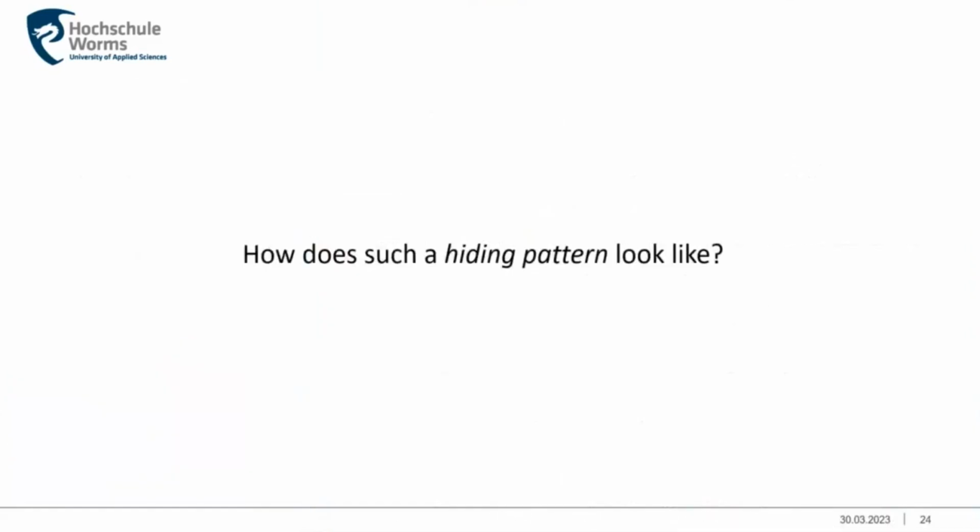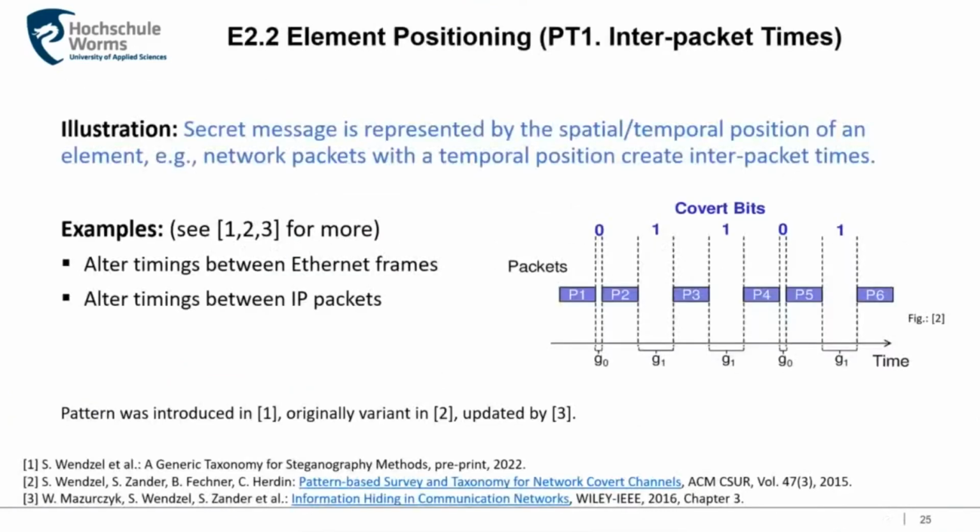How does such a pattern look like? Here's a simple example: the element positioning or interpacket time pattern. The one in brackets is the network specific name, but actually it's positioning of an element. So we position the network packet in time.